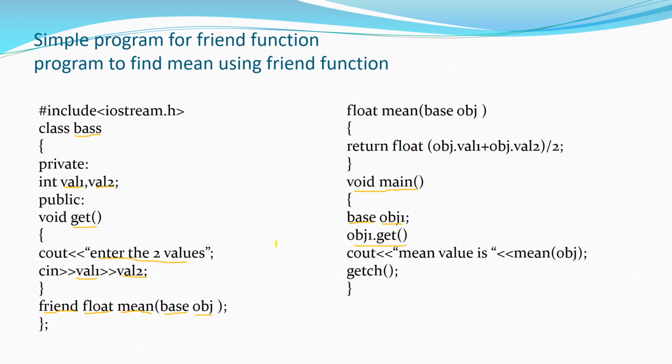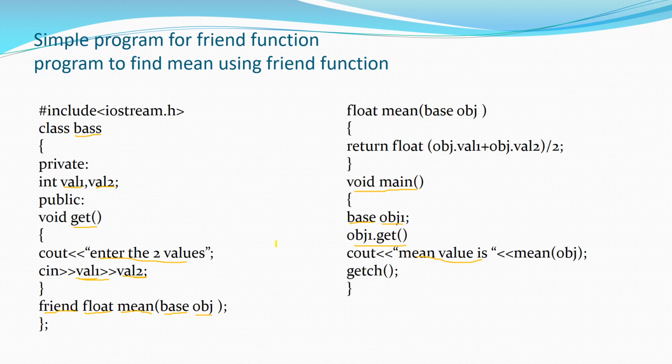object1.get. Once I access it, automatically the member function belonging to the base class is accessed, that is the get function, to enter the two values. Two values are entered. After the function has been called, secondly, I'm going to go for cout mean value is the mean value.